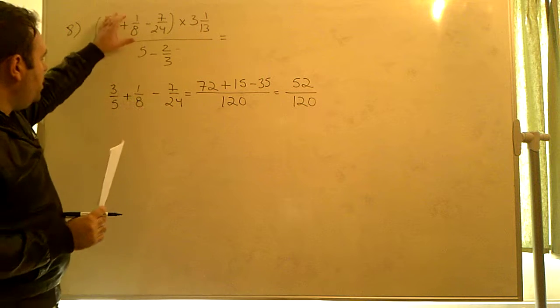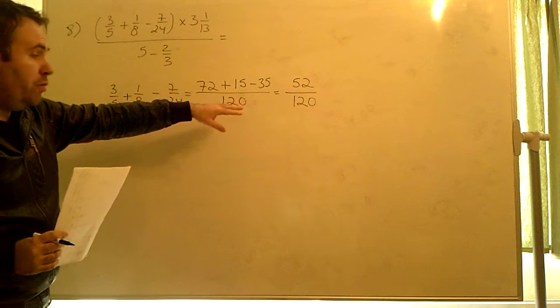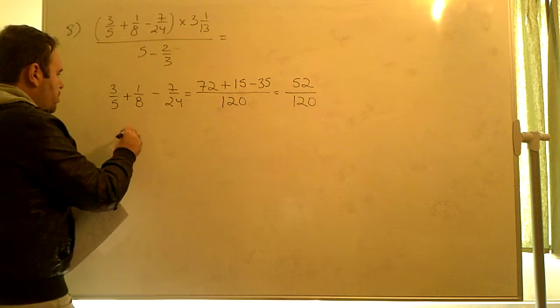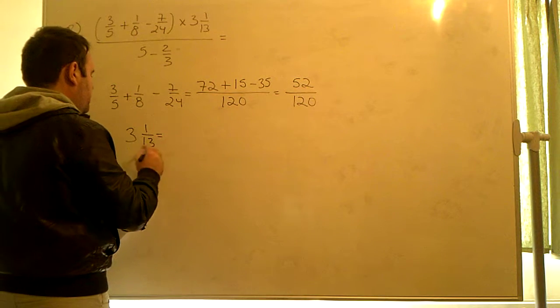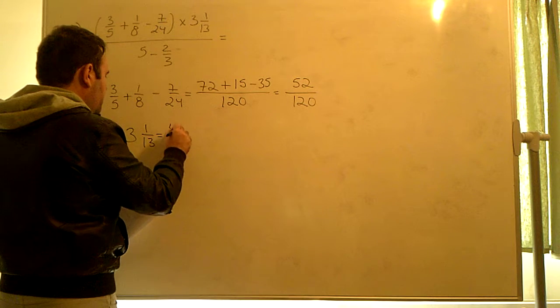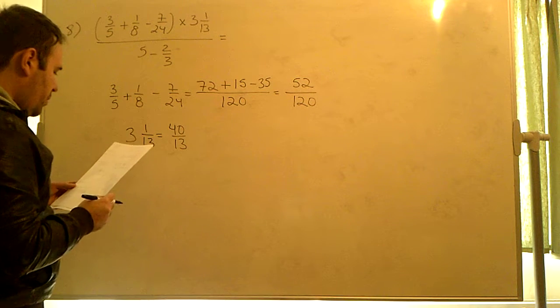Now we need to multiply this fraction, which is 52 divided by 120, times this mixed fraction. So first we need to turn this mixed fraction into an improper fraction. So 13 times 3 is 39, plus 1 is 40, divided by 13. Okay?